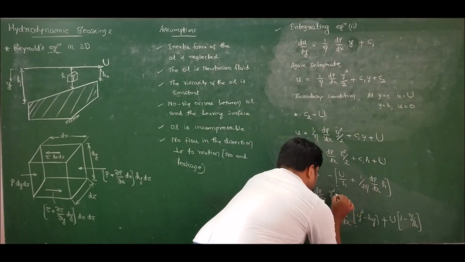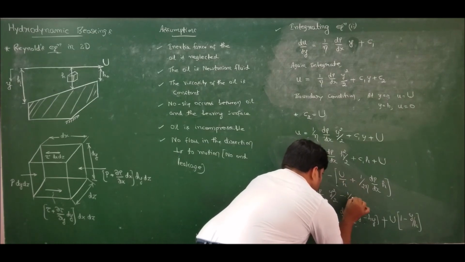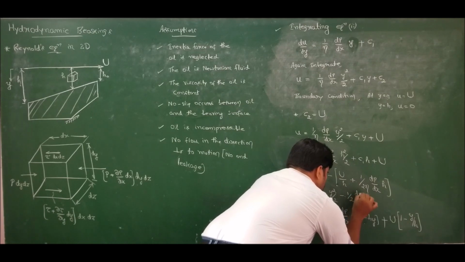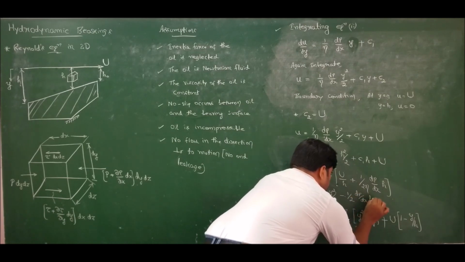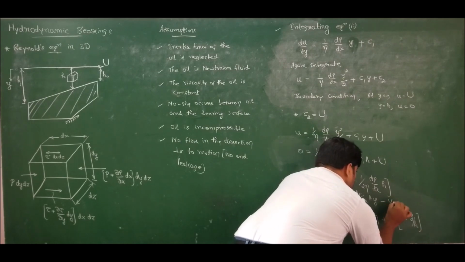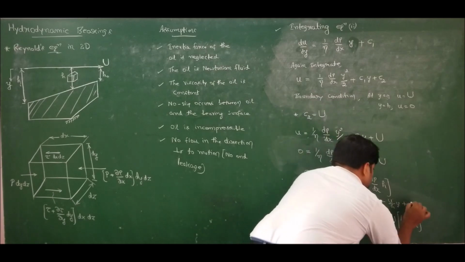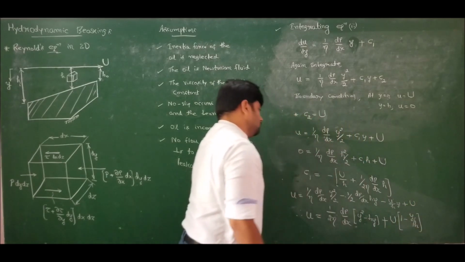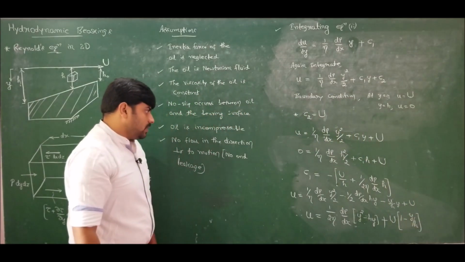C1 is this one, right? Plus C1y means minus 1 by 2 dp by dx hy minus U by h into y, plus C2 is capital U. This is what we have.